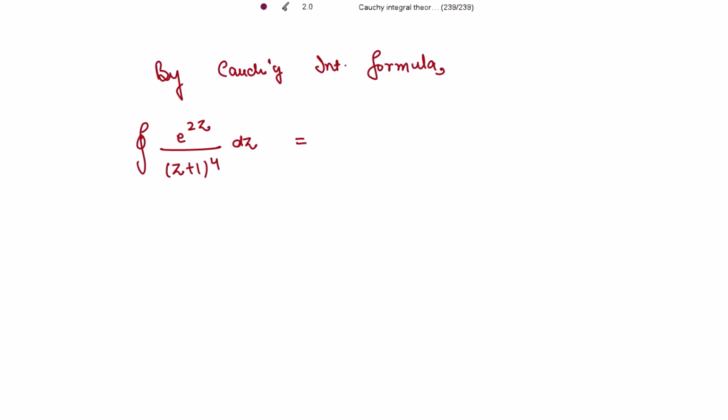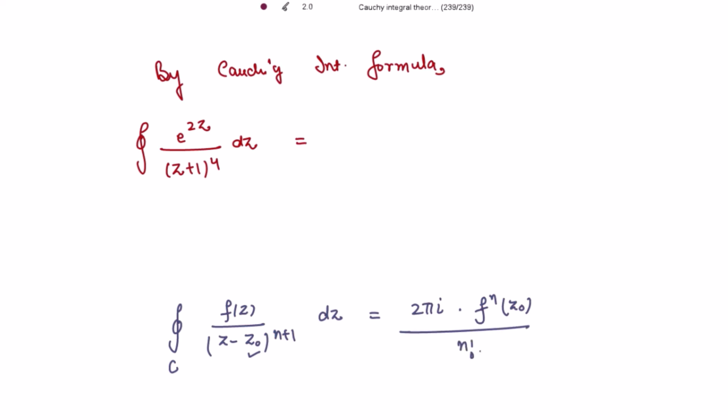The closed integral over the curve C of f of z divided by z minus z naught to the power n plus 1 dz is equal to 2 pi iota into the nth derivative at z naught divided by n factorial.